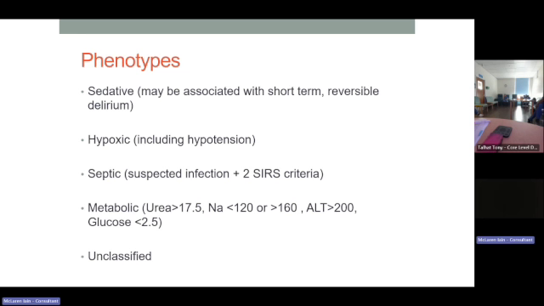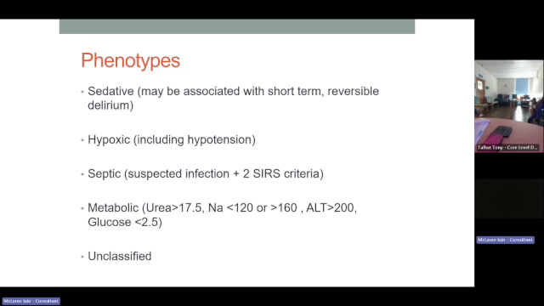Hypoxia, and not only hypoxia in terms of delivered PaO2 to the brain, but also hypotension, so relative hypoperfusion of the brain, is a major cause. Sepsis, defined as suspected infection plus two of the old-fashioned SIRS criteria.